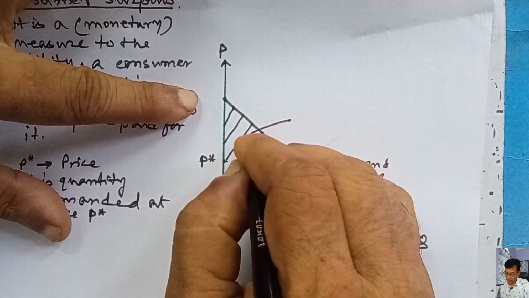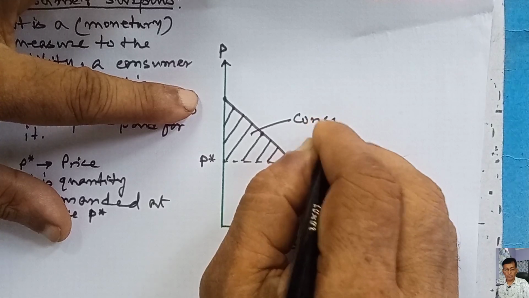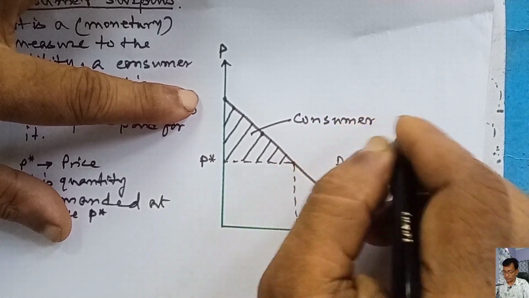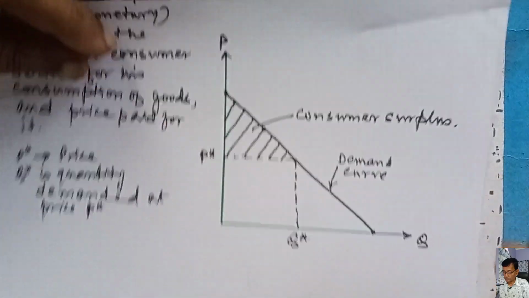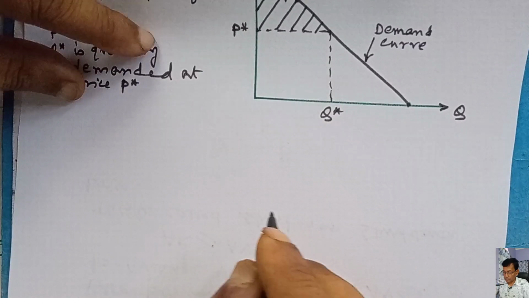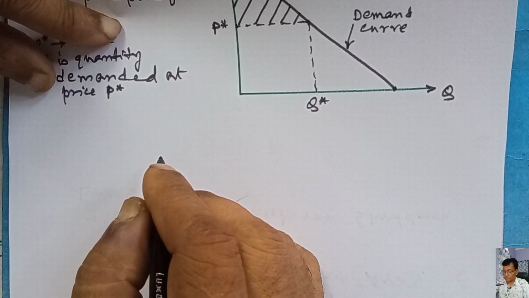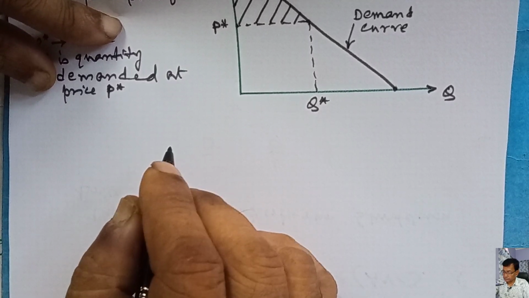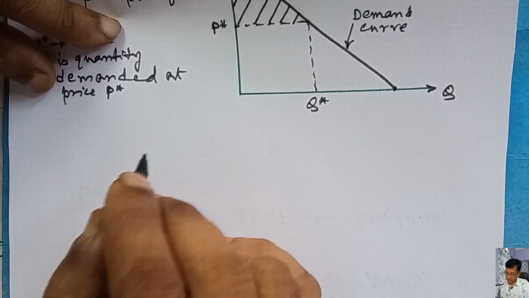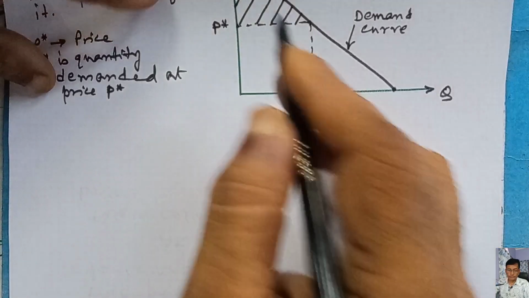So we can write this area is consumer surplus. The reason for consumer surplus is that the reservation price is decreasing and the person would have been willing to pay more if the seller could have charged the highest price possible.